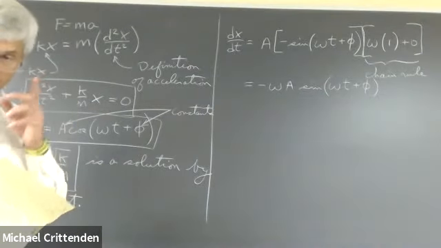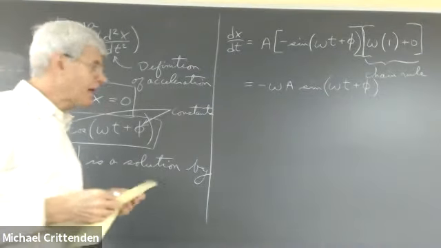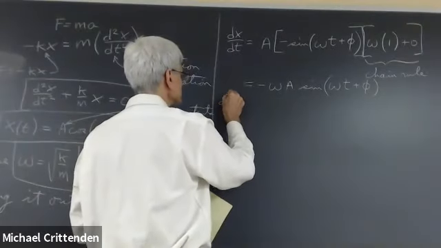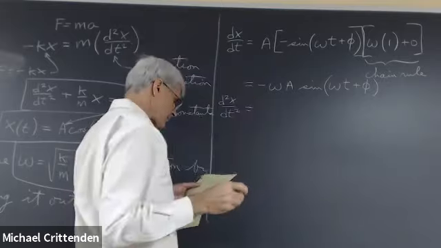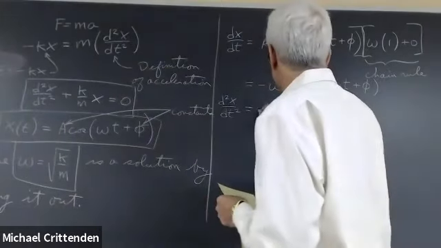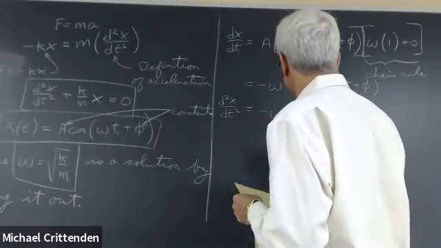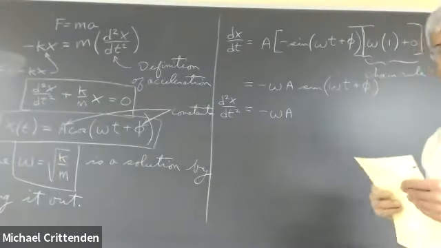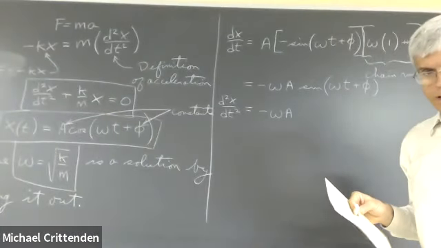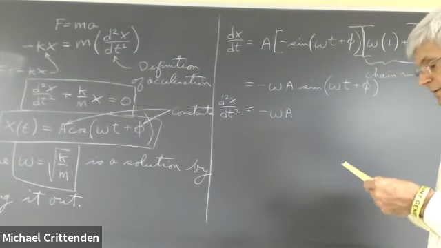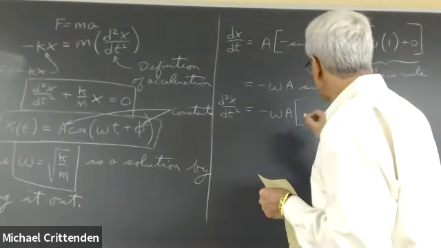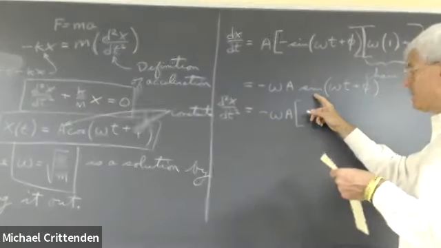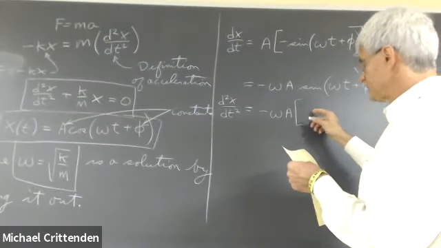And now differentiate again. Constants just get recopied. Omega and A are constants, so they just sit there. Derivative of sine is cosine.